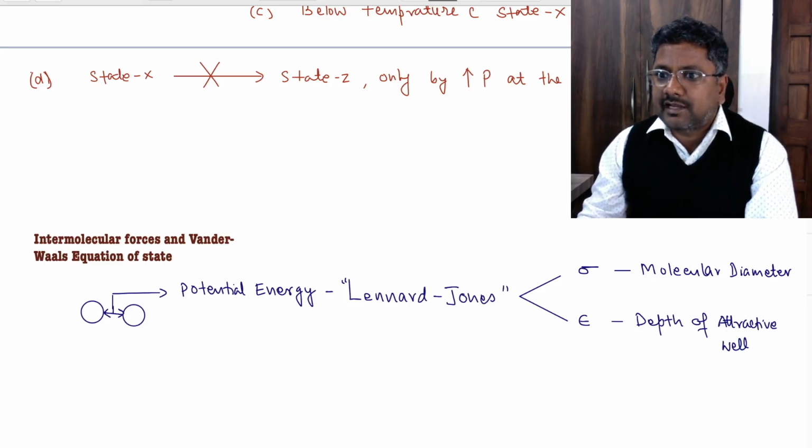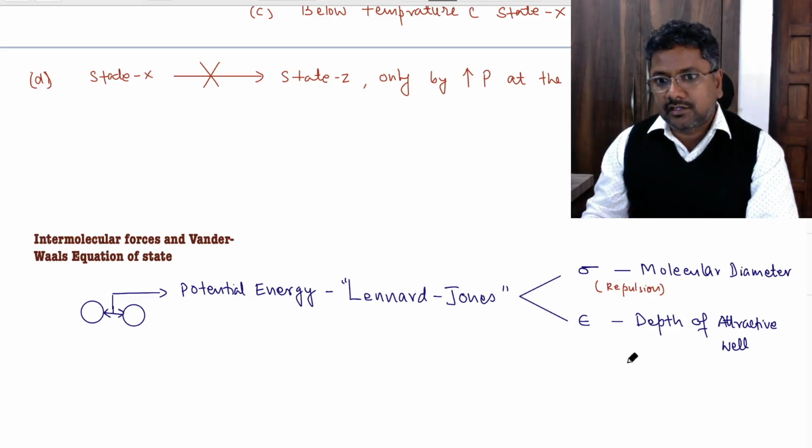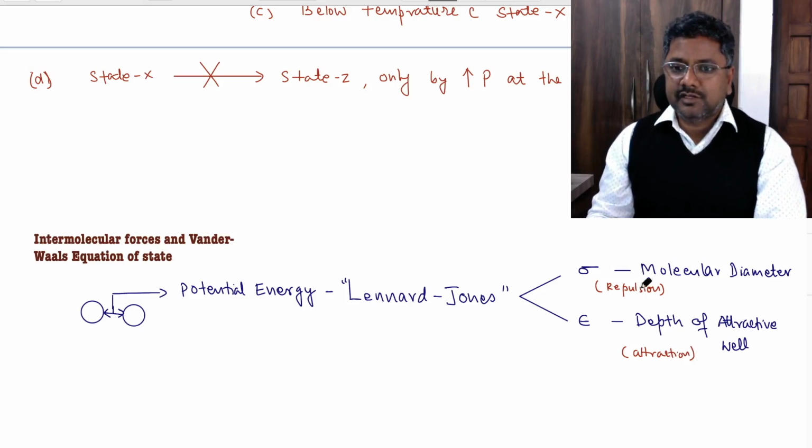Basically this parameter is responsible for repulsion, and this is for attraction. So this results in repulsion, and this is the consequence of attraction.